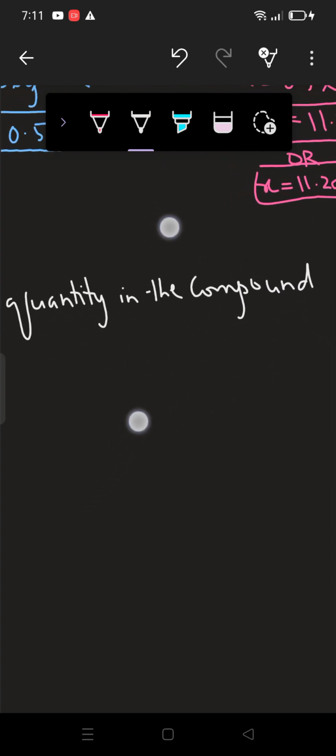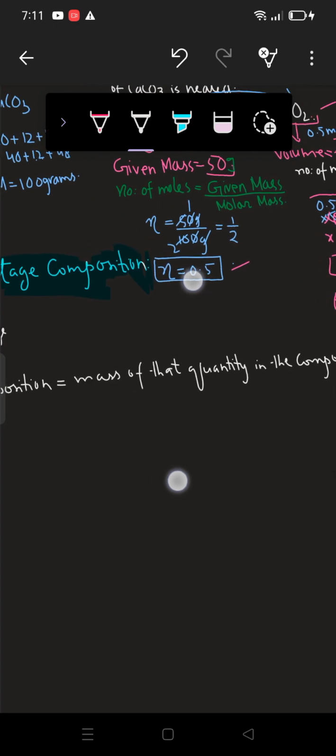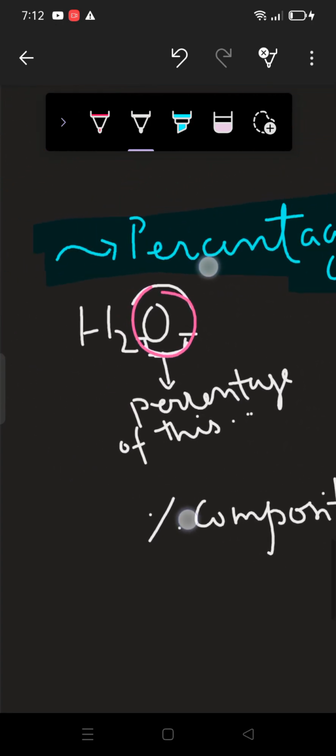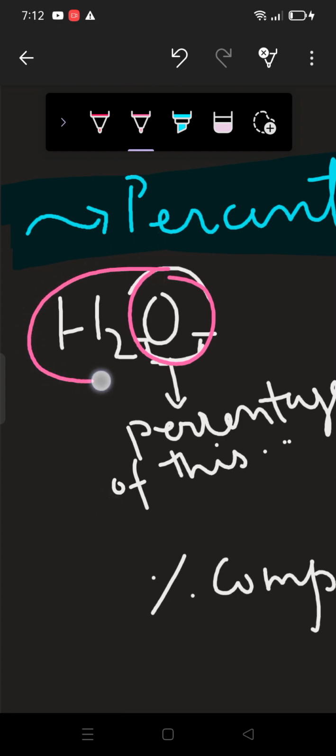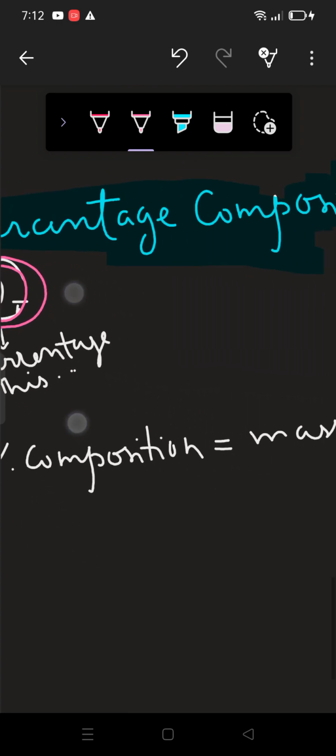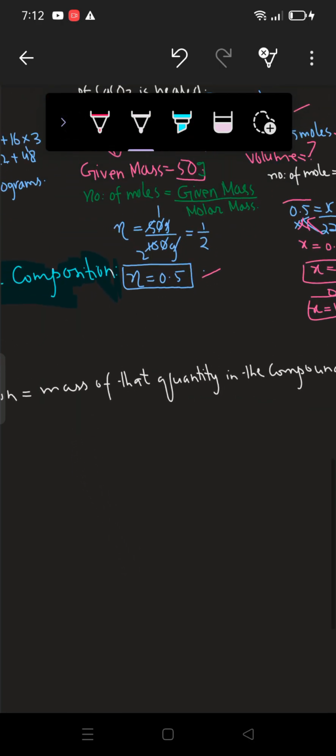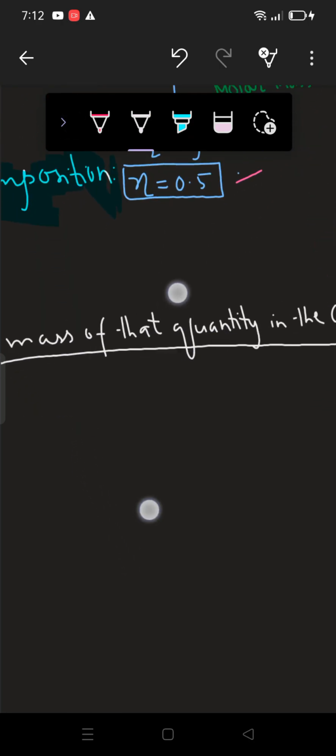divided by what am I going to divide it by? I'm going to divide it by the mass of this entire substance. So upon mass of that quantity in the compound and the mass of the compound, right? Mass of the compound.